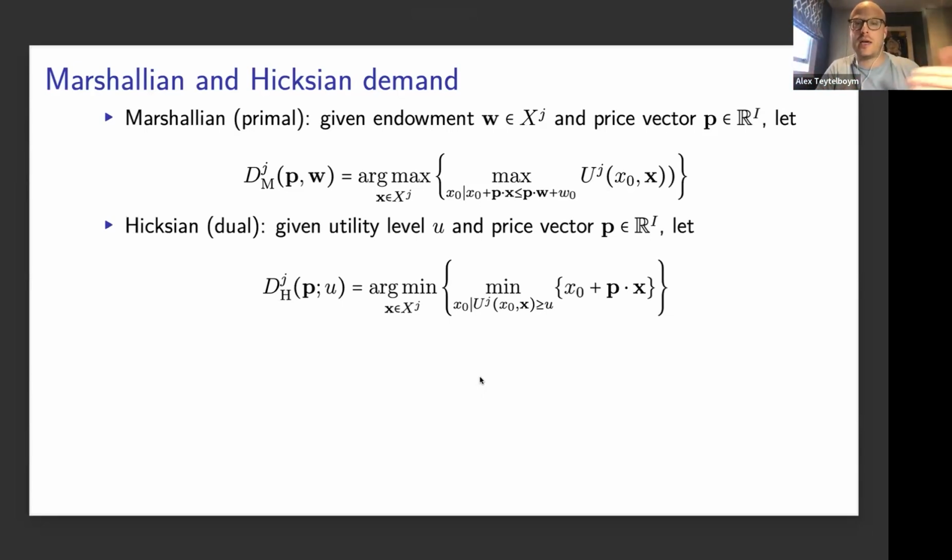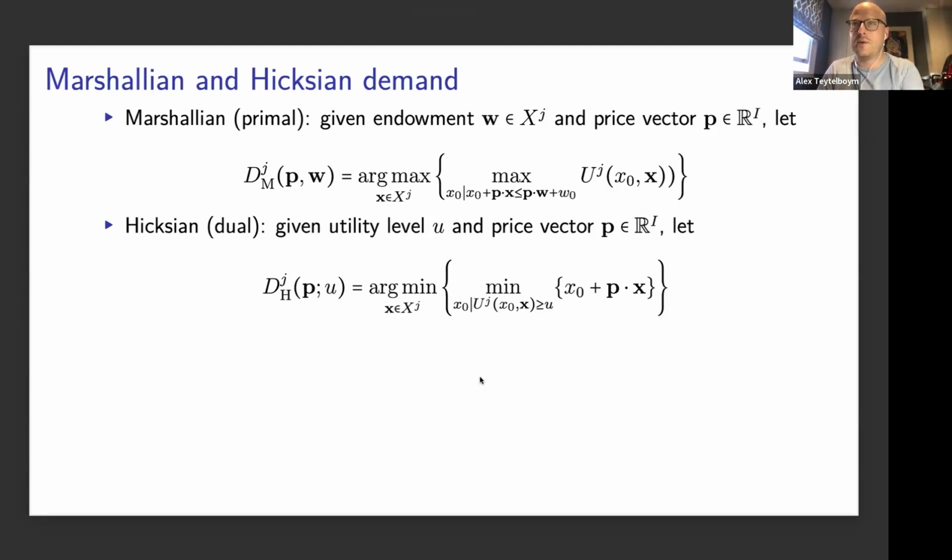Which bundle is going to minimize your expenditure necessary to get to this utility level? So one is the utility maximization problem. The dual of it is the expenditure minimization problem for a given utility level.